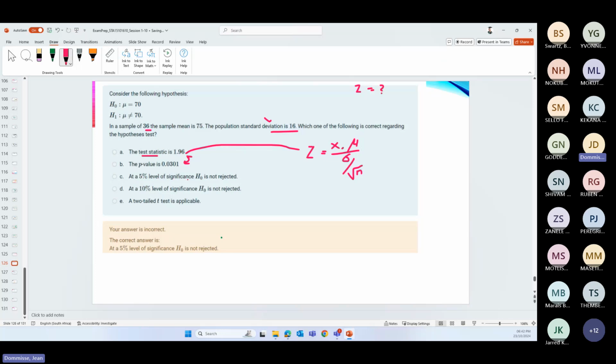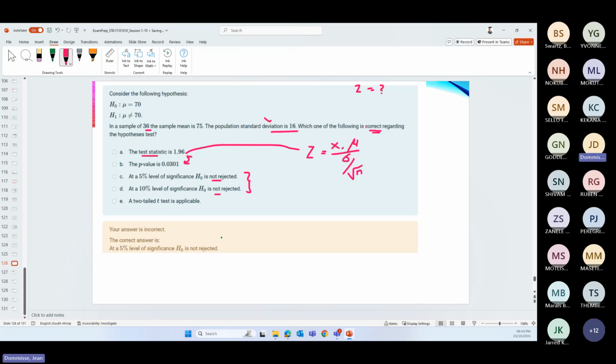At 5% level of significance, do not reject. At a 10% level of significance, do not reject. So it's most likely that one of those two will be the correct one. Most likely at 5, because if we reject or not reject at 10, we will also not reject at 5. And then a two-tailed t-test is applicable.